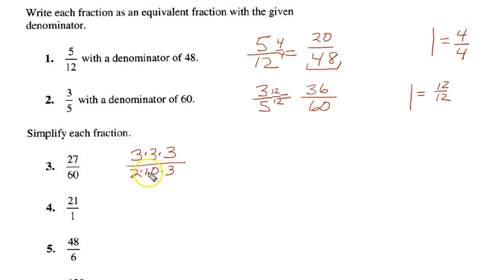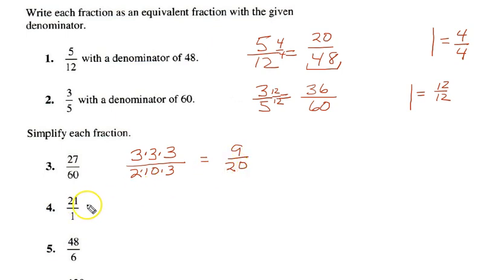I could have factored this some more, but there would be no common factors. So the only common factors we see here is one set of 3/3, which is a 1. So then now this becomes 9/20. There are no more common factors of 1 hidden in these equivalent forms here.